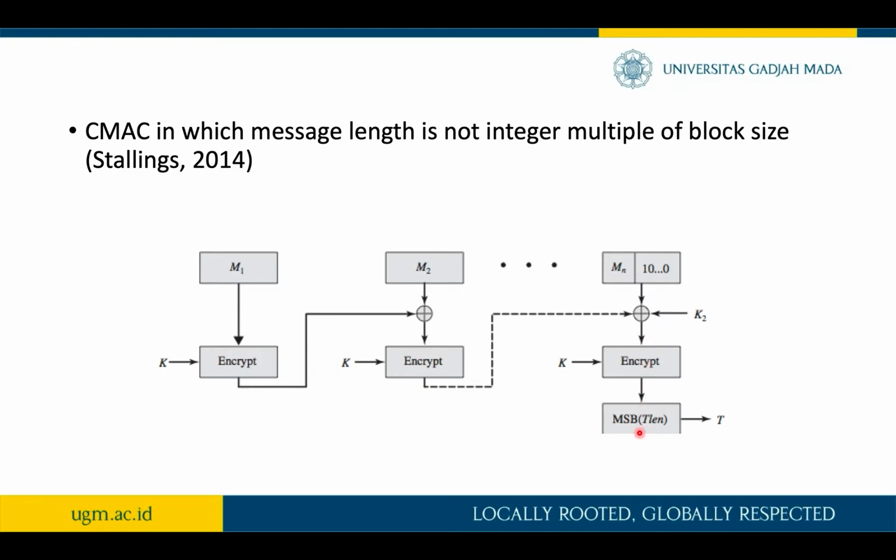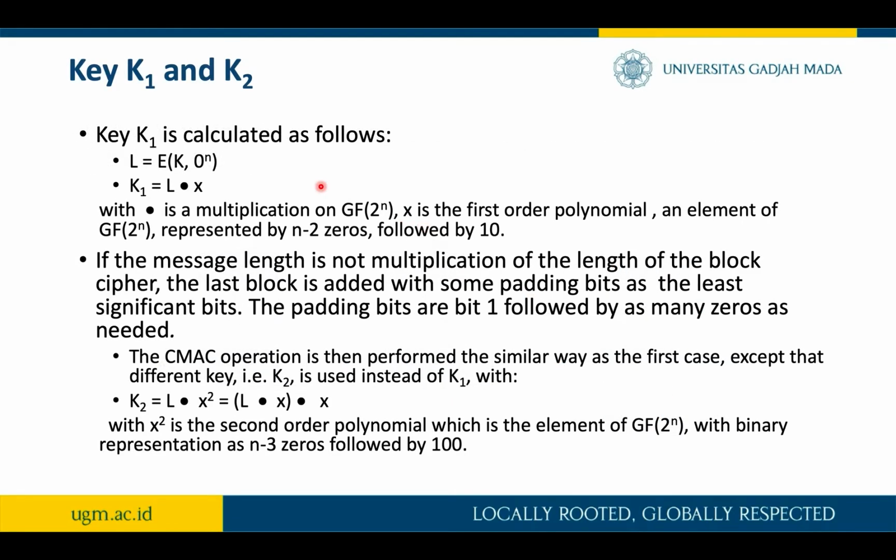As we already discussed previously, we need K1 and K2 to calculate the final message authentication code.